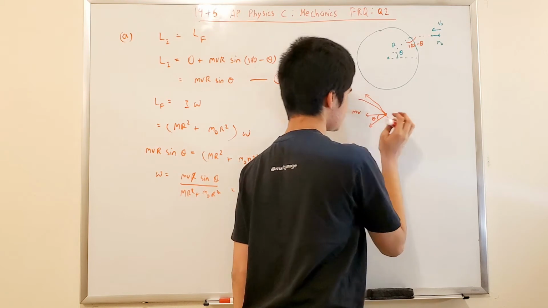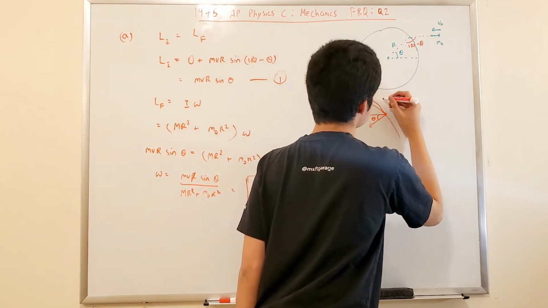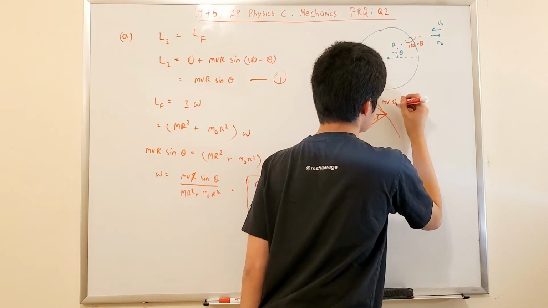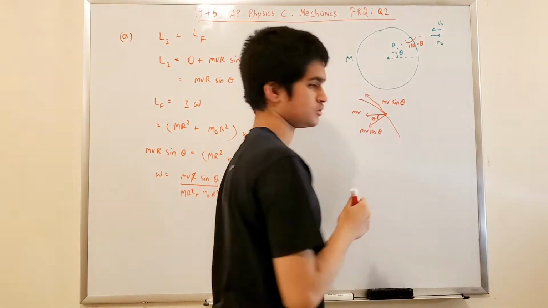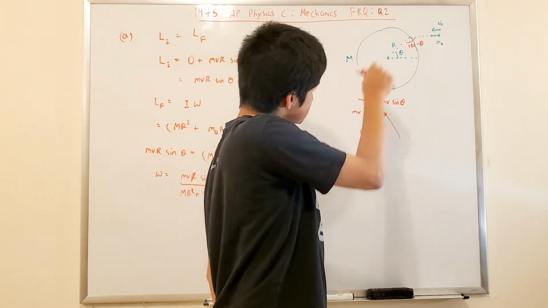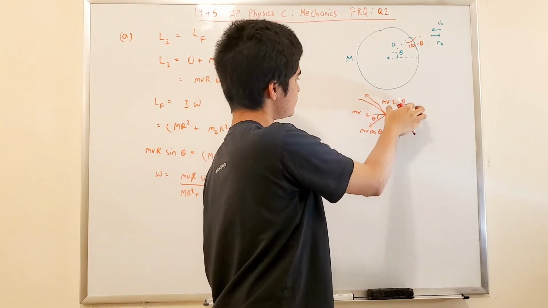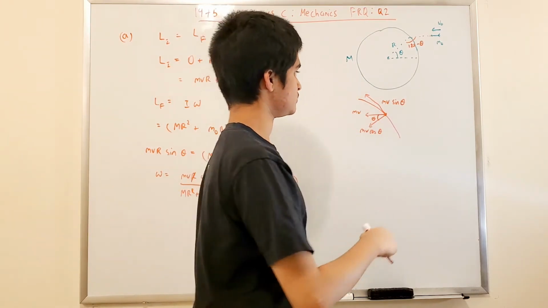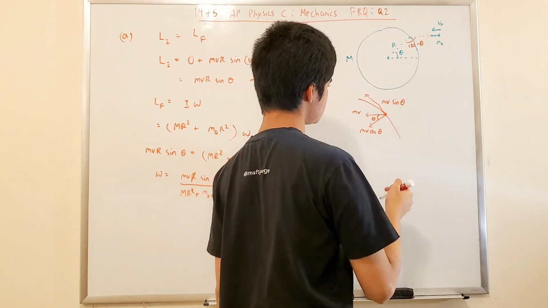We know that this angle is theta. So this component is going to be mv sine theta, and this component is going to be mv cosine theta. The component that's producing the torque and actually causing our wheel to rotate is this one, mv sine theta. So we can use our conservation of linear momentum.